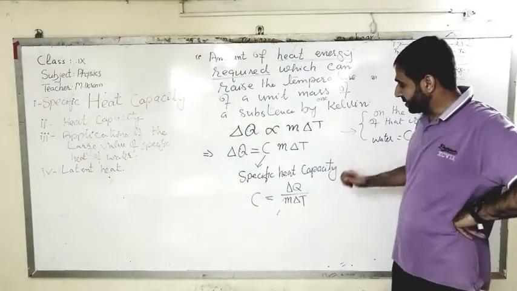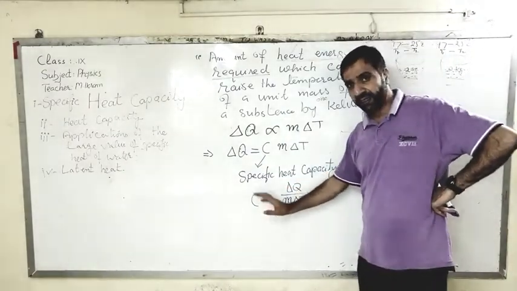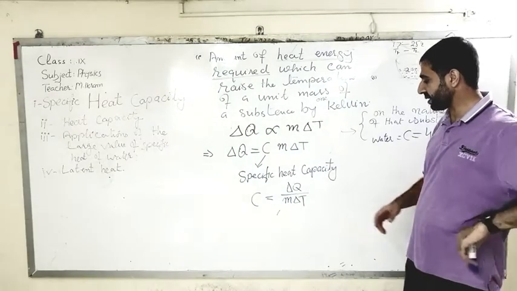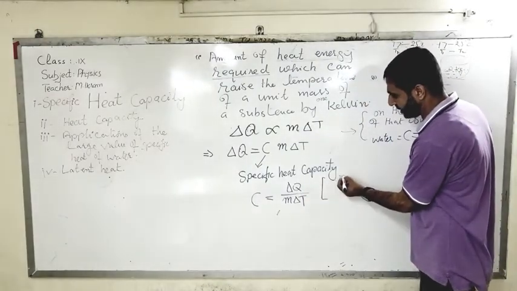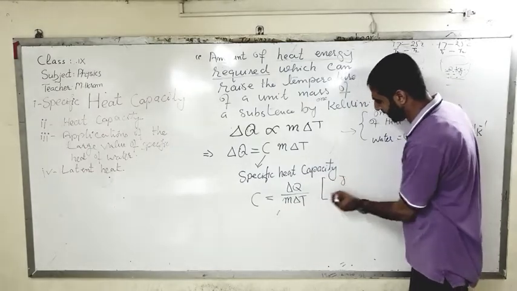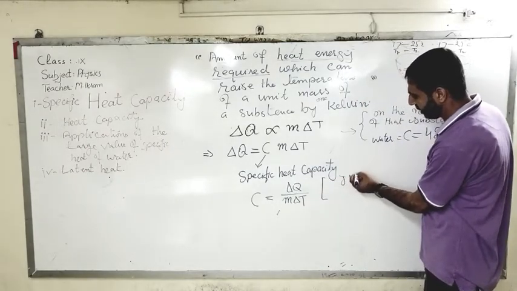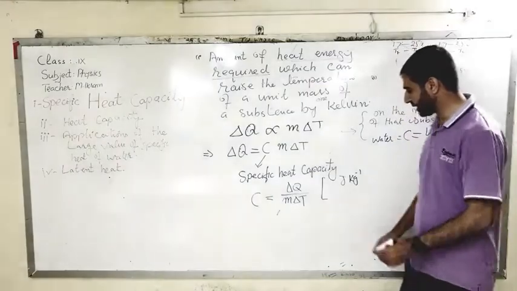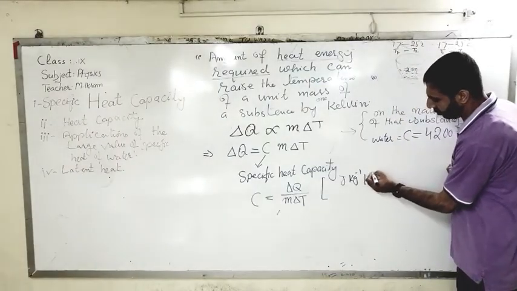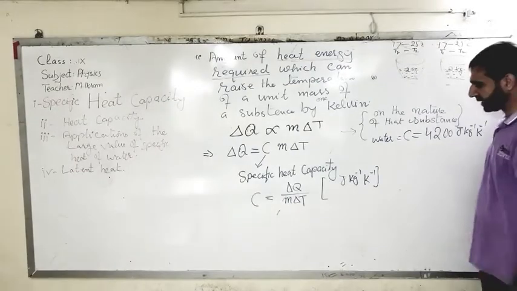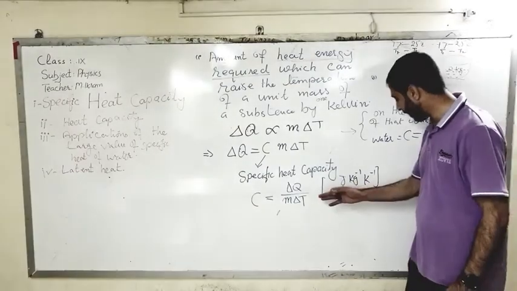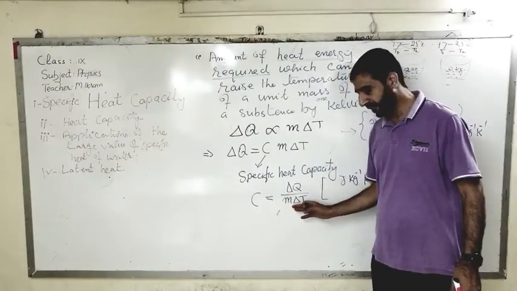The second important point, the SI unit of the specific heat constant. Since you know that energy is measured in joule, mass is measured in kilogram, and temperature is measured in Kelvin, so it is joule per kilogram per Kelvin, or joule per kilogram per degree centigrade in other units.